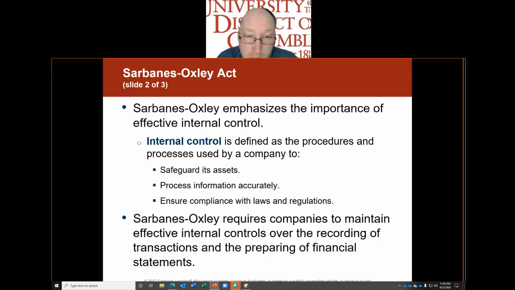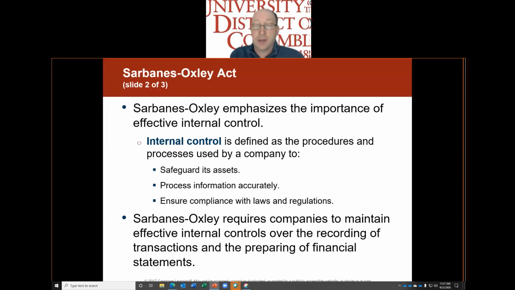And of course, ensure compliance with laws and regulations. This means that I am being transparent. I am abiding by the local laws and the local regulations. The Sarbanes-Oxley Act requires companies to maintain effective internal controls over recording transactions and preparing financial statements.